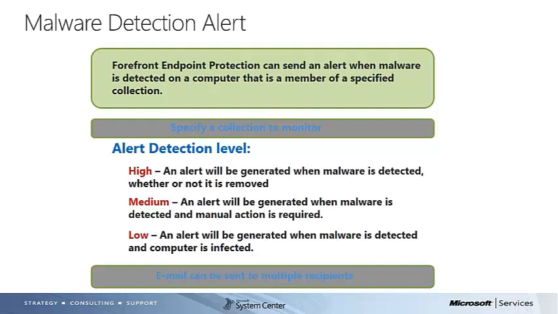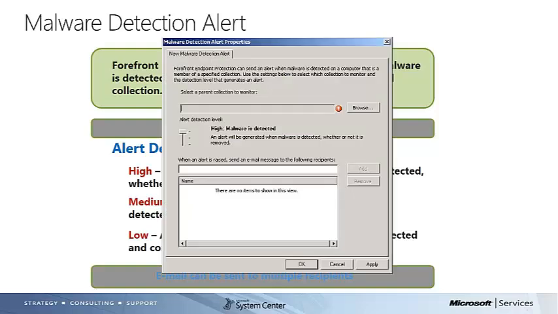Basically, Forefront would send an alert when the malware is detected on the system based on the collection that you've set to monitor, and then, of course, based on the threshold that you select. And then an email is sent to the recipients that are listed.